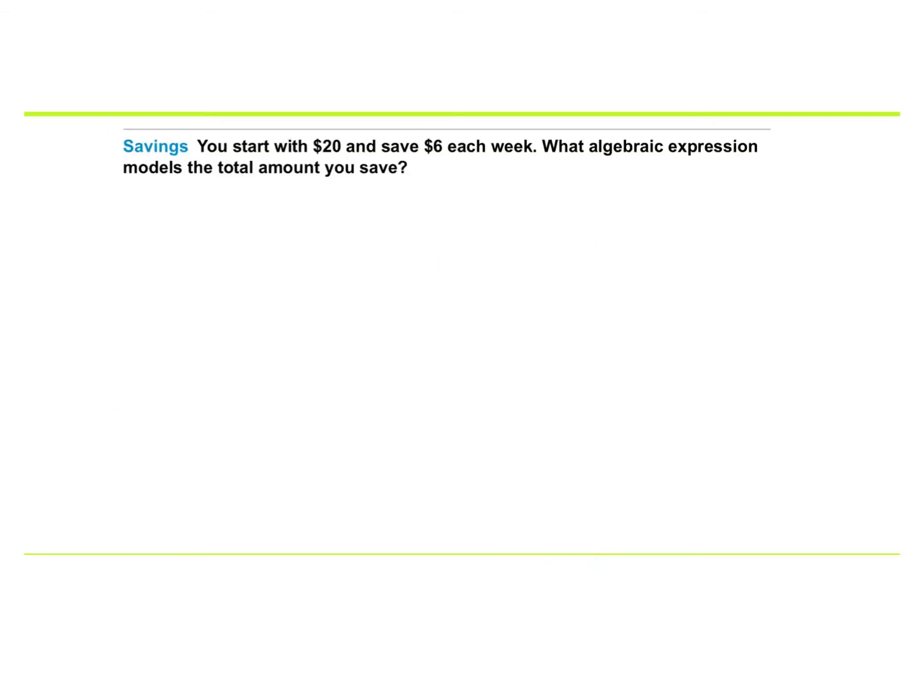Alright, so looking at a word problem. You start with $20 and save 6 each week. What algebraic expression models the total amount you save? So I start with $20 and I save 6 each week. What does each mean?